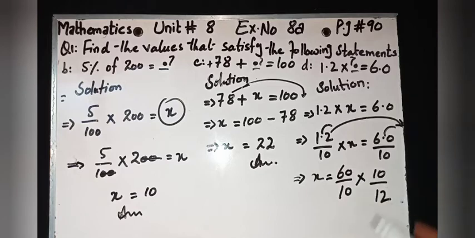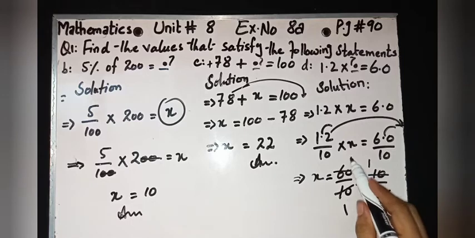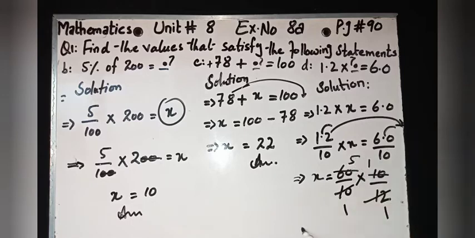Correct? 10 ones are 10, 10 ones are 10, 12 ones are 12, 12 fives are 60. Okay, by mistake I wrote 6. It's not 6, it's 60. So x equal to 5 upon 1 or 5. Both are correct.